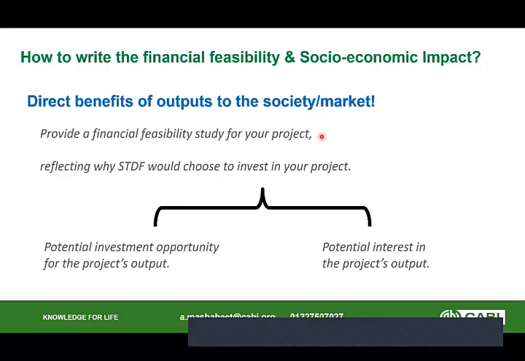If you remember, in the first session and the second session and the third session, we stressed the importance of the return on investment, because funding agencies are spending money and they will love to have some return on investment in the form of money too, not directly to the funding agency, although sometimes that might happen, but also to the entire society and the market.